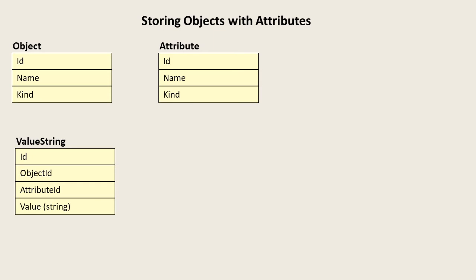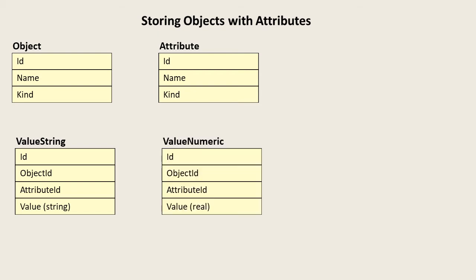And for storing all string values of attributes assigned to objects, we will have a value string table and another table, value numeric, as you probably can guess, for storing numeric values. Actually, the reason for the introduction of a different table is the very last column, value. As you can see in the first table, this value is of type string.